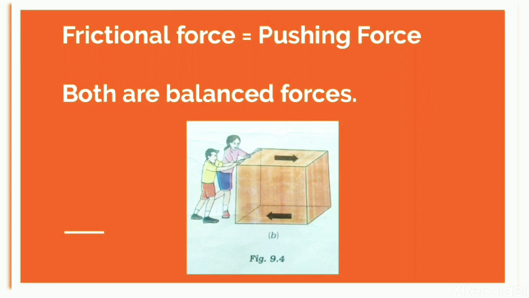Here again, the children push the box harder than the previous case, but still the box does not move. What happened? This is because the friction force balances the pushing force.